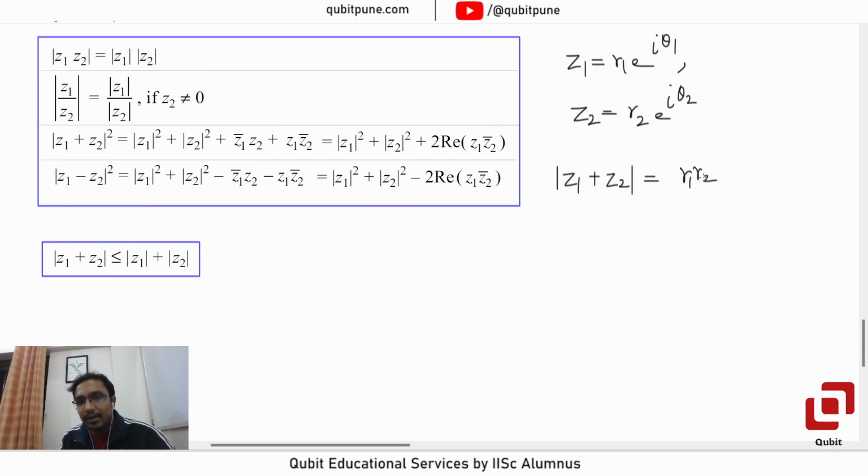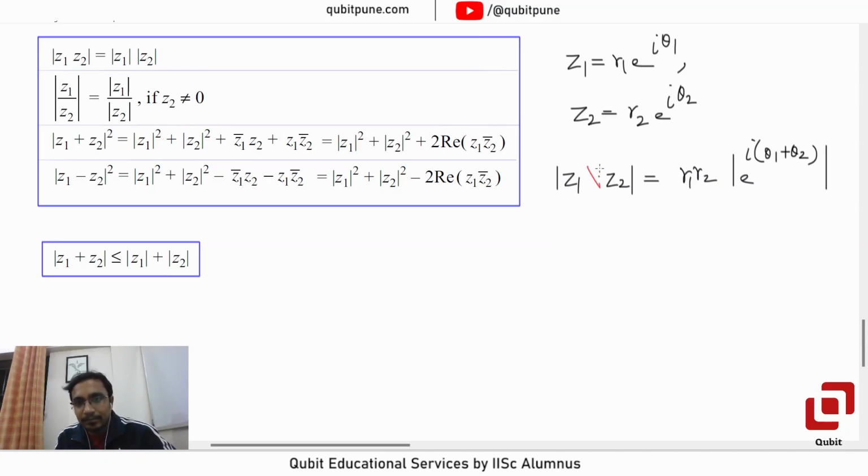It will be r1 r2 into mod of e to the power i theta 1 plus theta 2. Now, no matter what theta 1 and theta 2 are, cos squared of theta 1 plus theta 2 plus sin squared of theta 1 plus theta 2 is always going to be 1. So that always makes the thing mod z1 into mod z2.